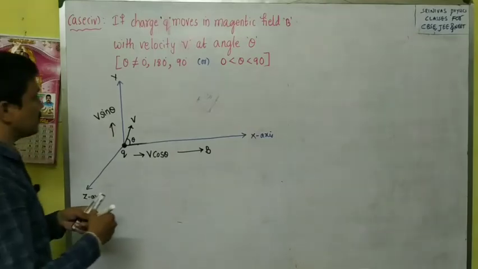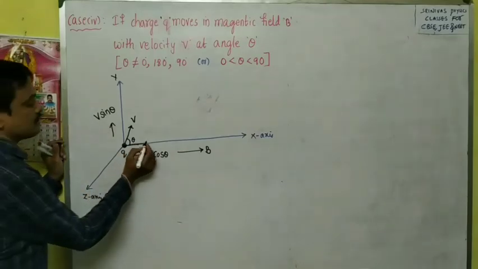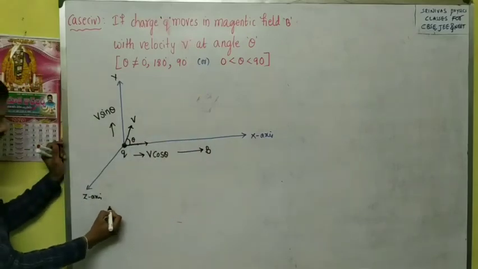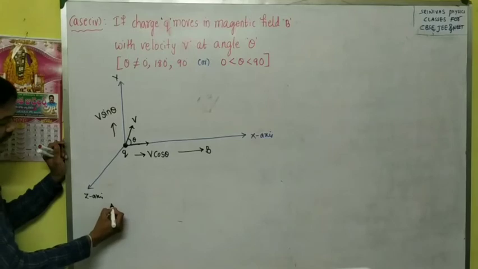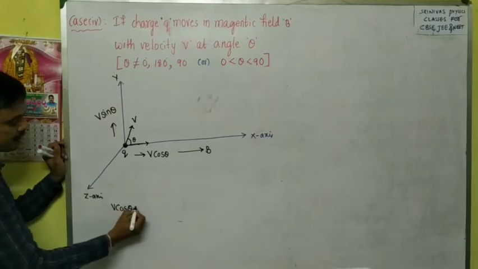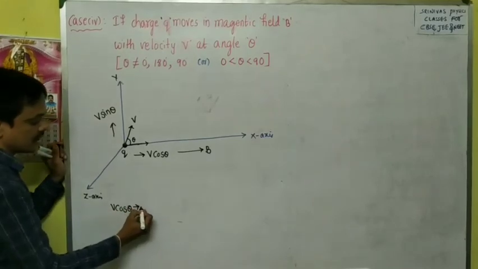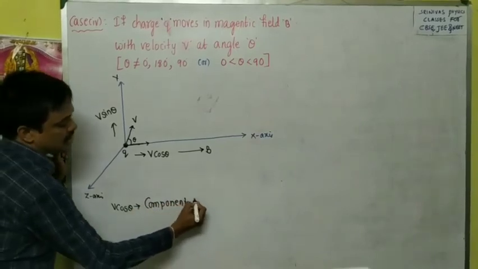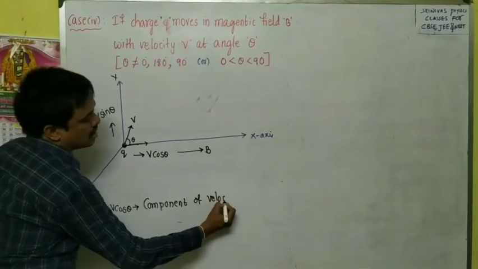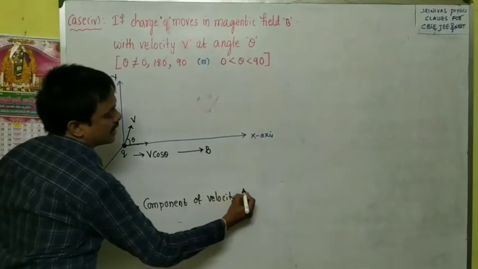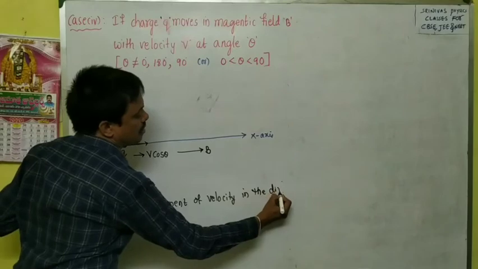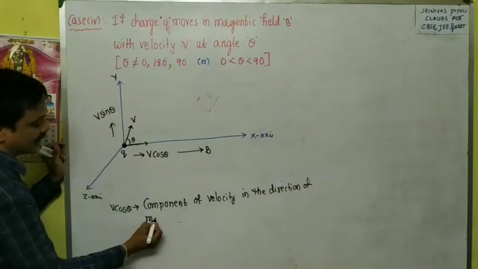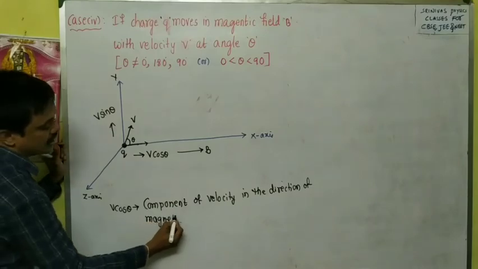Now look at here, v cos theta is the component of velocity in the direction of the magnetic field. Magnetic field we are taking along x-axis.